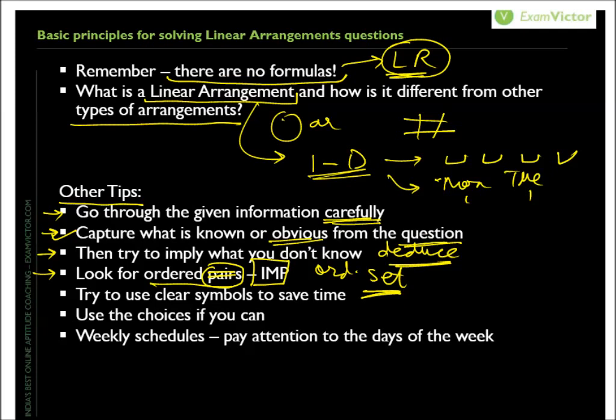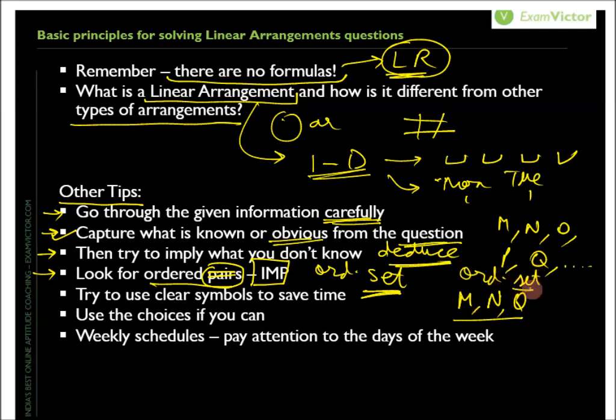For example, in the question that we just saw on the previous slide, we saw that there were some people called M, N, O, P, Q and so on. Let's say through one of the clues we are able to deduce that M, N and Q have to sit together, next to each other. This for us is an ordered set.